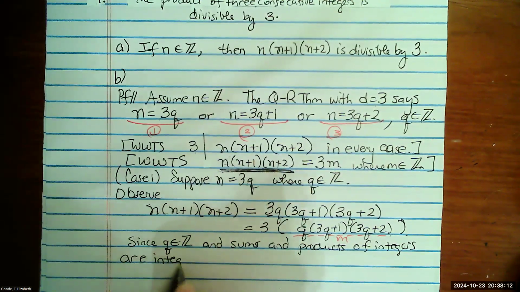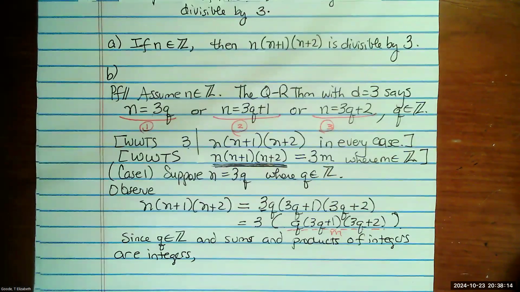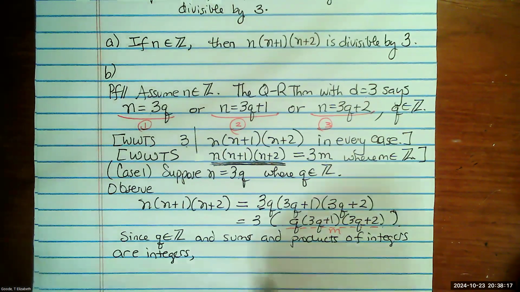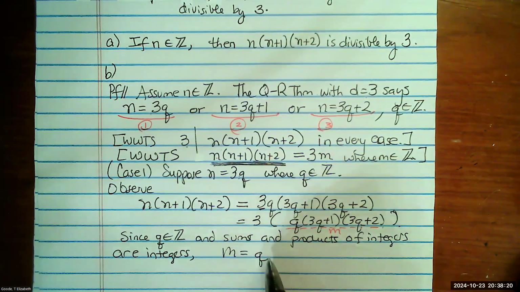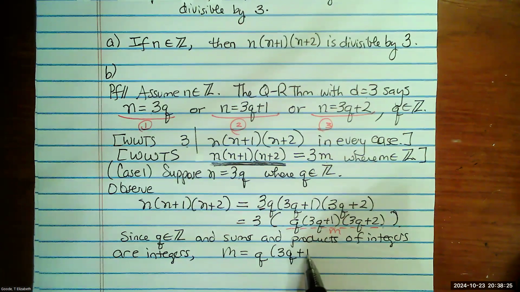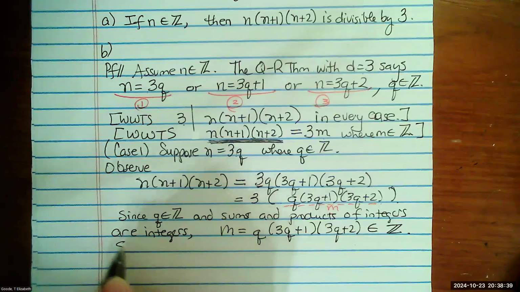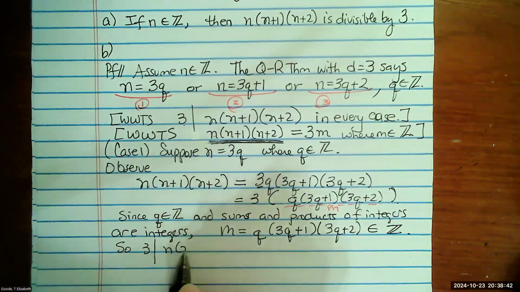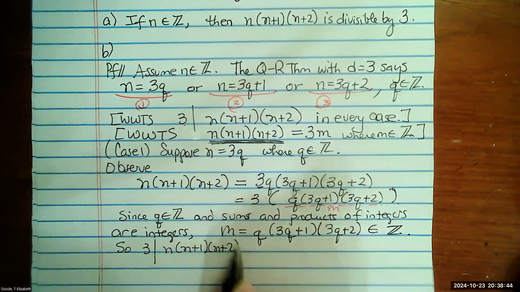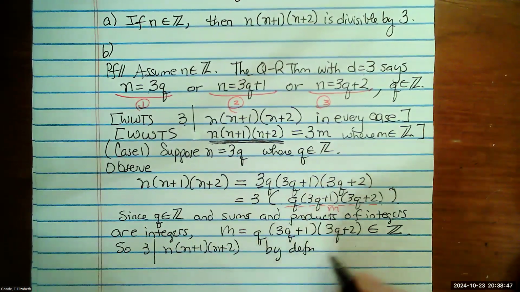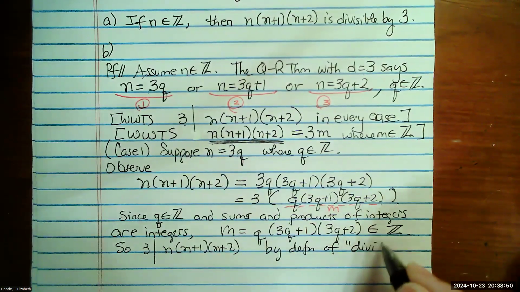Keep going. m is equal to q times 3q plus 1 and 3q plus 2. What should we say about it? They are in Z. Yes, don't forget to say it's in Z. That's the whole point. So 3 divides n times n plus 1 times n plus 2 by definition of divides. And we've finished case 1.